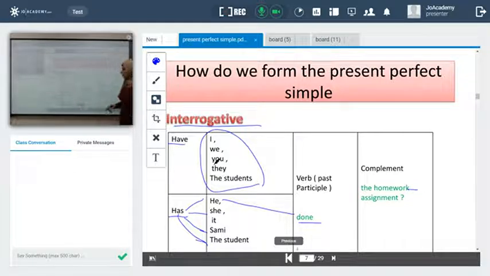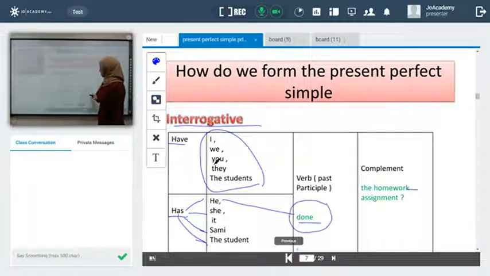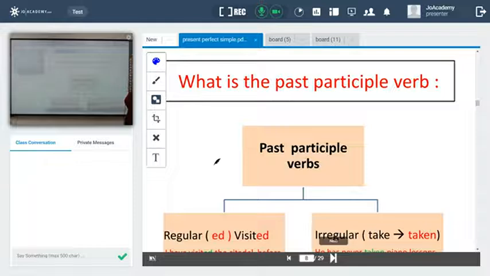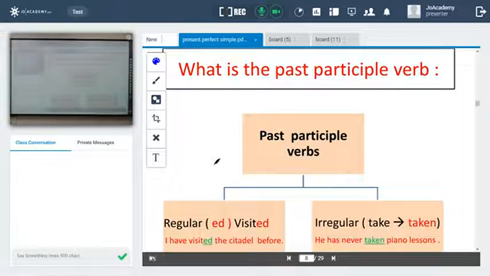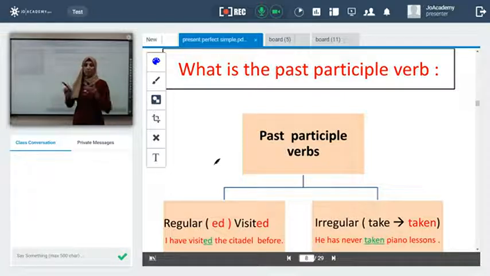Now we are going to look at the type of the verb that we use. Remember that we mentioned that we need to use the verb in the past participle. What is the past participle verb? The past participle verb is the third form of the verb. For example, a verb like take.